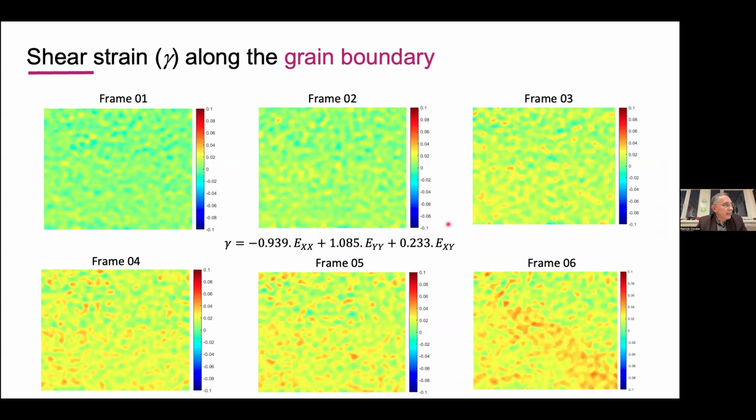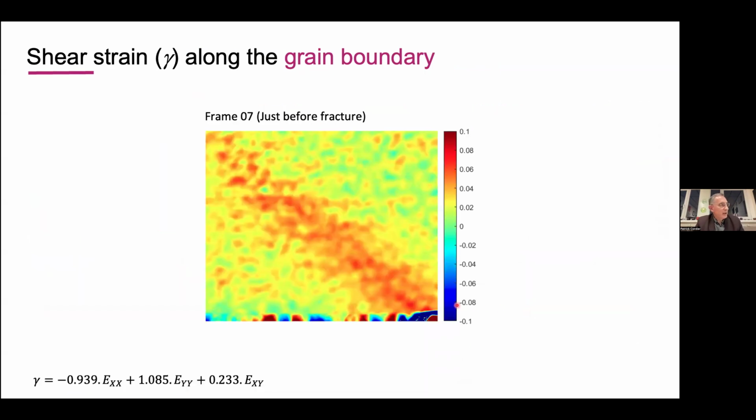What you can see here is that for most of the study, we don't see anything. It's only very, very close to fracture at the end when we enter the ductile regime that we do see the localization of shear along the grain boundary. So another evidence of the grain boundary sliding.